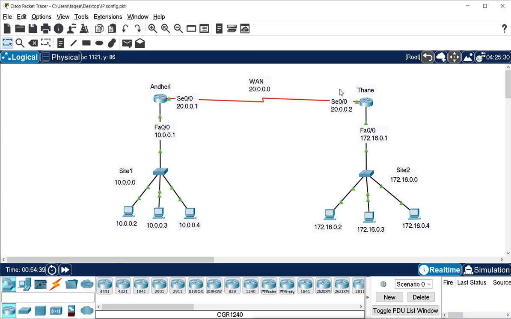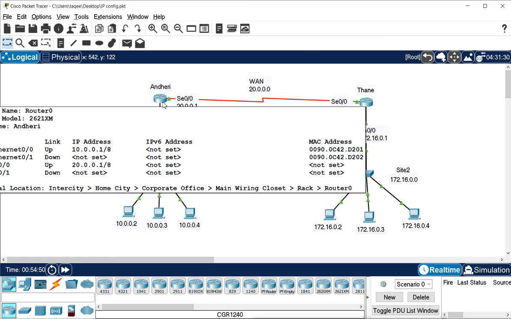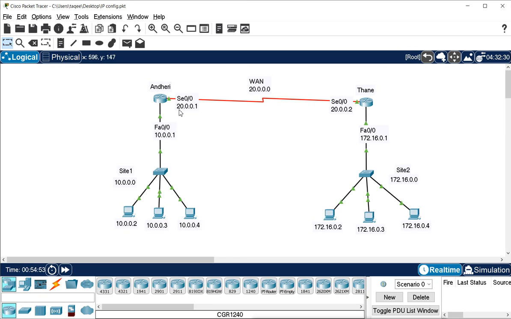So this IP address will be the forwarding address, or we can say, more easily, it is called the first hop address. First hop address means when we jump the first hop, like from this router to the Thane router, that is our next router. So when we go from one router to another router, it is called a hop, and this will be the first hop. Now remember why I am saying first hop address, not the forwarding address. I will explain when we have multiple routers. But right now we can say the forwarding address also.